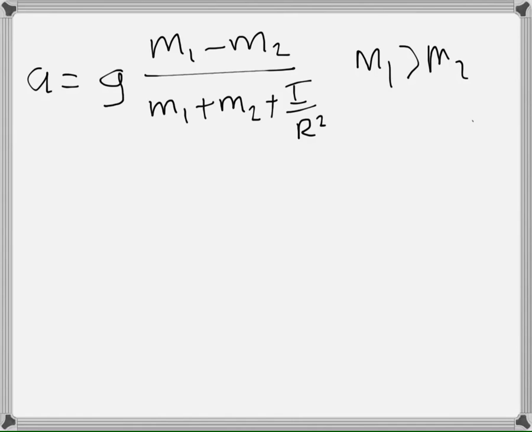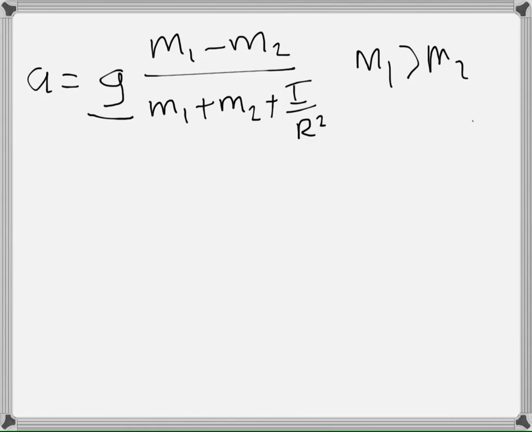So A will be in terms of G. If you had no rotation of the pulley, then for the Atwood machine in chapter 5 or 6, if you check your previous lecture notes, the acceleration is equal to M1 minus M2 divided by M1 plus M2 times G, if there is no rotation of the pulley and no friction in the pulley.